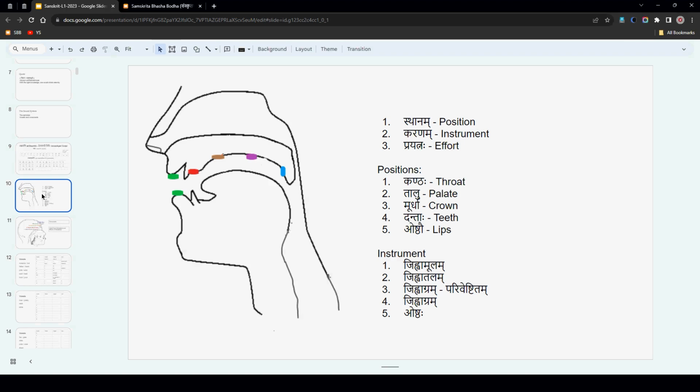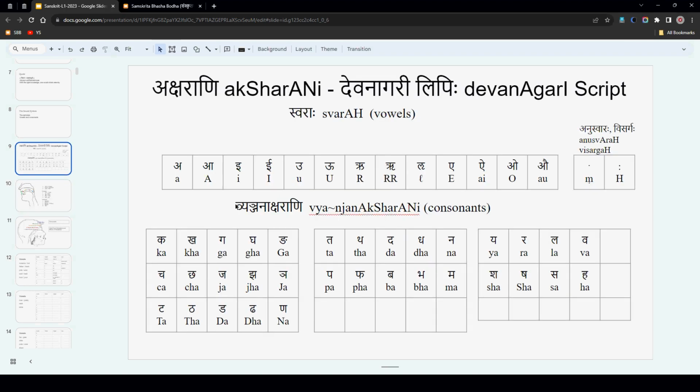It's a branch. One doubt, sir: in the swaras, why is there l? Because it is l plus ru. It is not l plus ru, it is ru. Though it is written in the Devanagari script like this, it is not a proper representation.